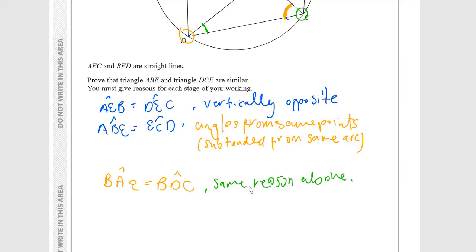And then all angles are equal, so therefore ABE and DCE are similar.